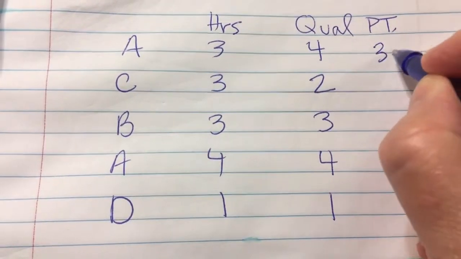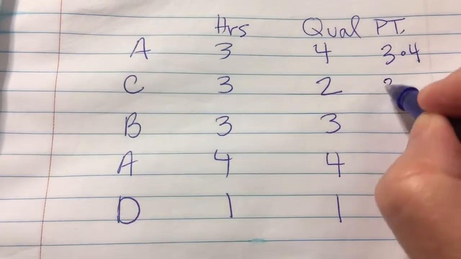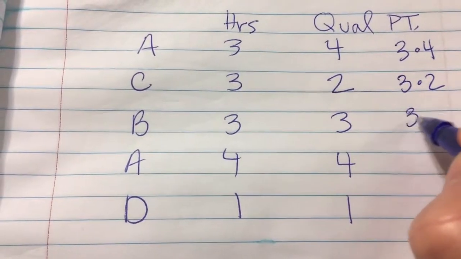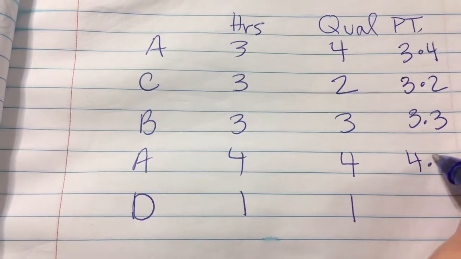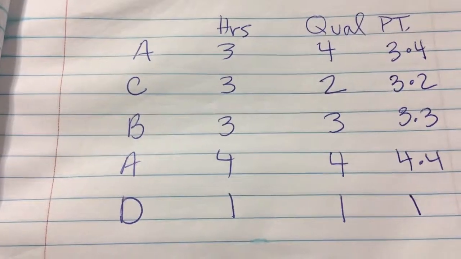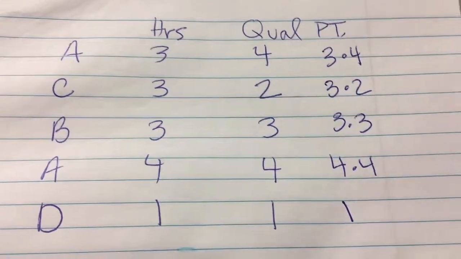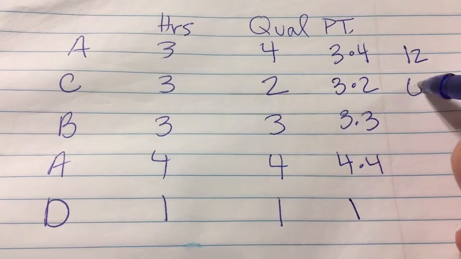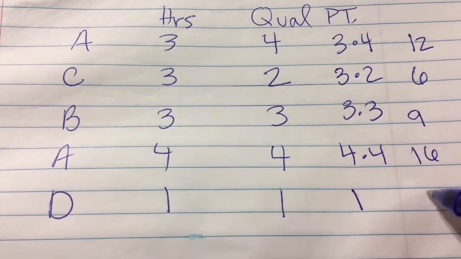So 3 times 4, 3 times 2, 3 times 3, 4 times 4, and 1 times 1. So he winds up getting, as far as total points, 12, 6, 9, 16, and 1.